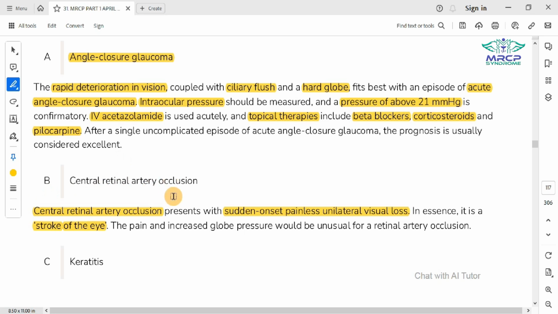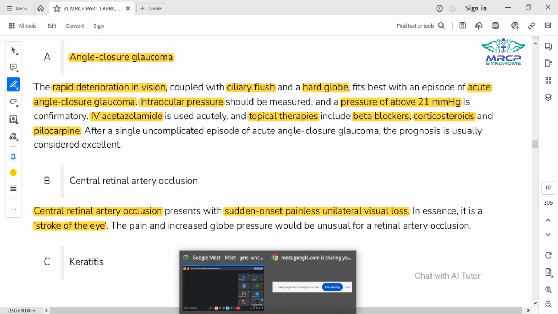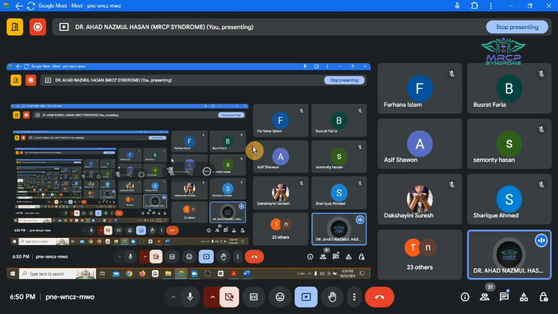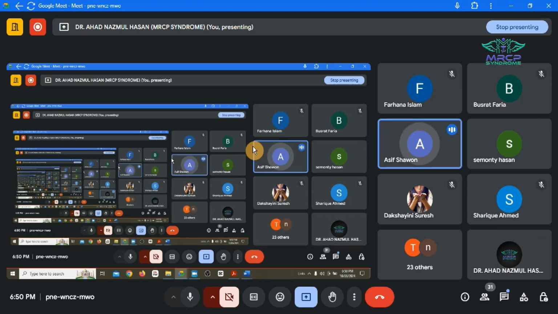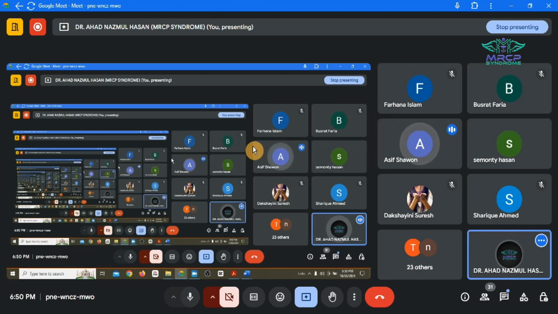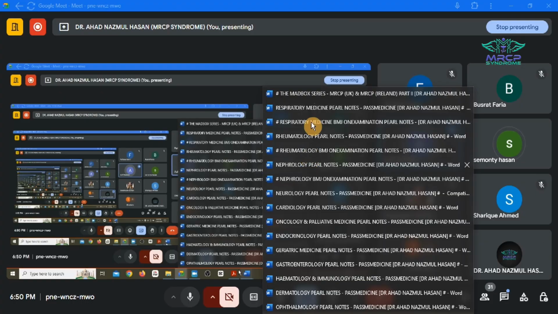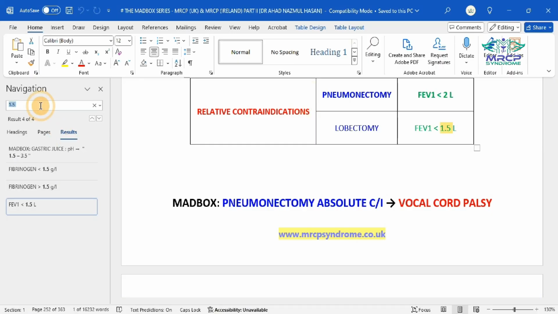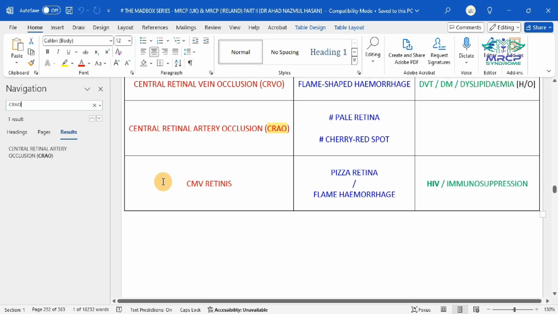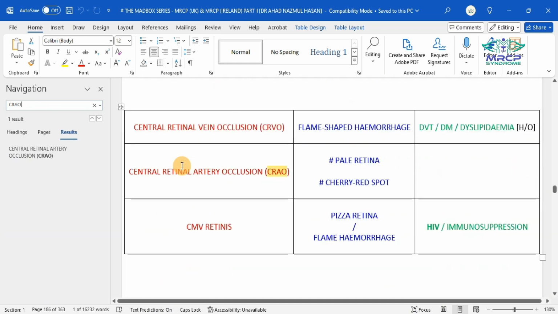So how to differentiate central retinal artery occlusion from central retinal vein occlusion? In artery occlusion, there will be a pale retina and a red macula. In vein occlusion, there will be blood hemorrhage. Both conditions come up with sudden painless loss of vision.